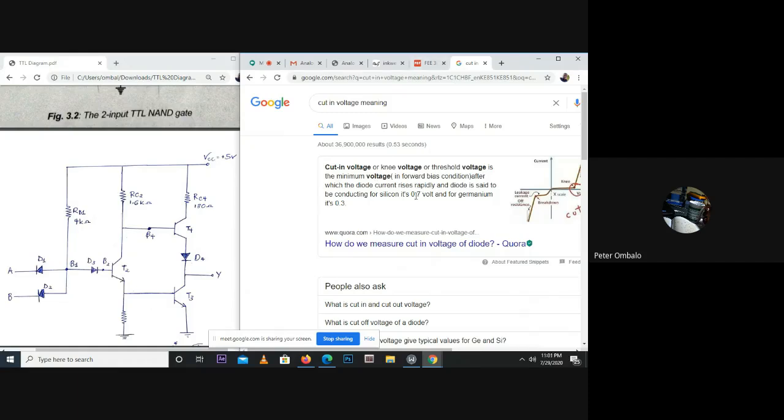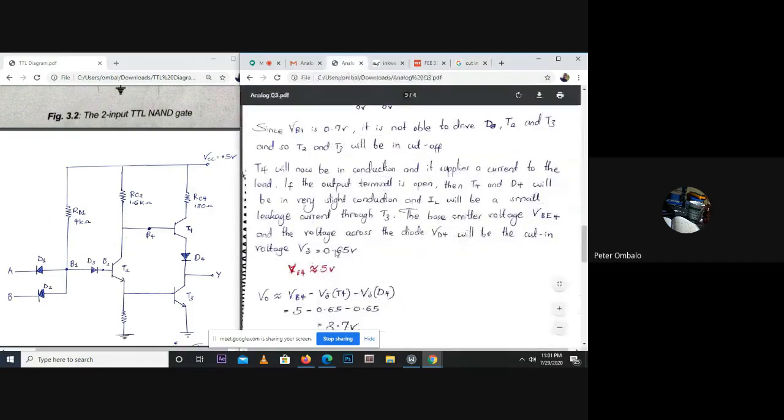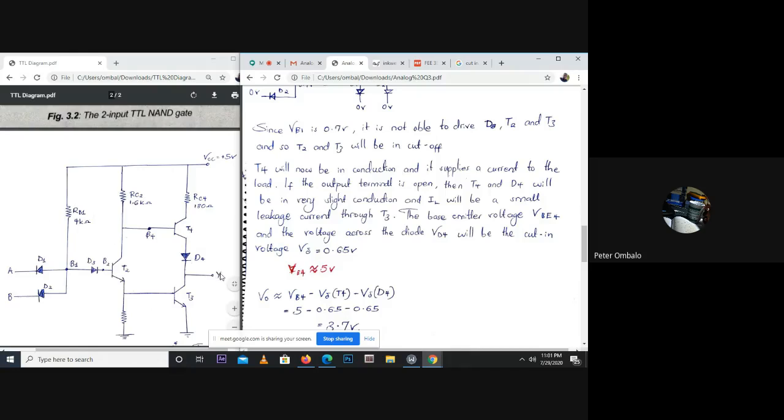So it's almost 0.7, but not quite. And in this question, it was given as 0.6 or 0.65 volts. So the cut-in voltage is the voltage that we're going to use when we consider no load at Y, because there's just a small leakage current, and it is just going to be flowing at cut-in voltage.